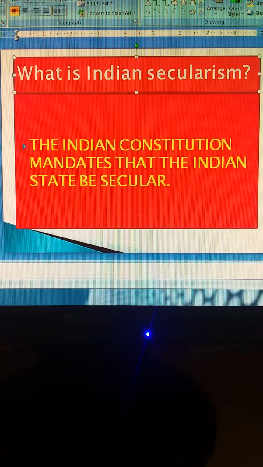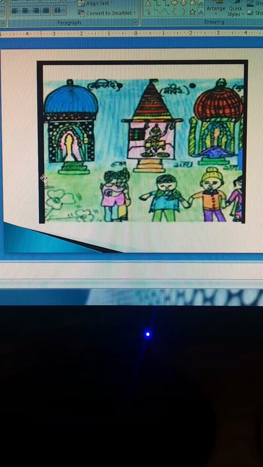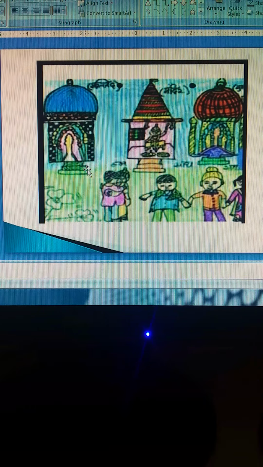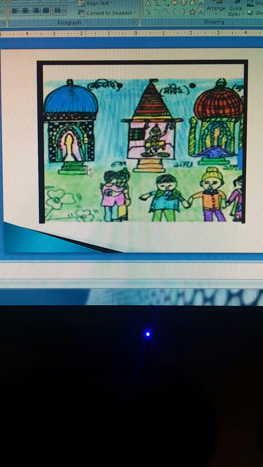That is one religion. You can see a picture given, from the book also. What it ensures is that one religious community does not dominate another. That is one of the characteristics of Indian secularism.